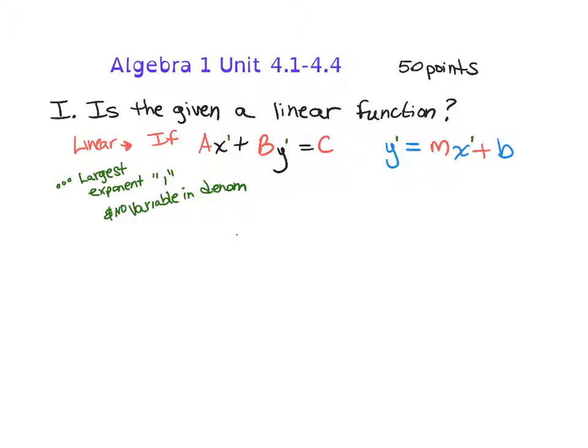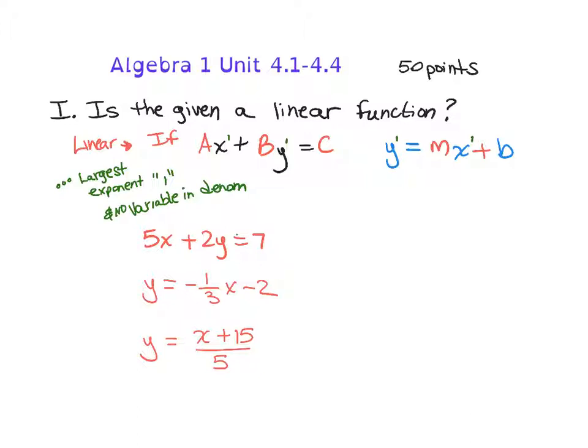First of all, if you have something that looks like this, 5x plus 2y equals 7, that is linear. If you have something that looks like y equals negative 1/3 x minus 2, that is linear. If I have y equals x plus 15, divided by 5, that is also linear.